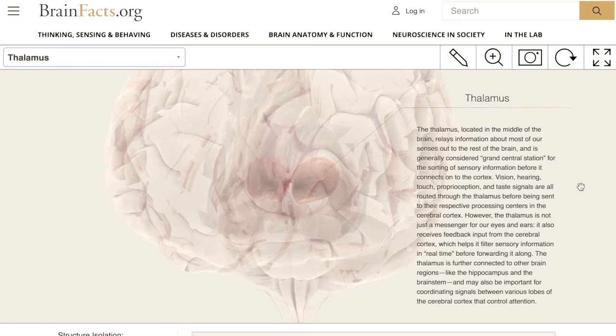The thalamus are two walnut-sized shapes on either side in the very center of the brain that appear in the middle to upper portion of the limbic system, and the limbic system wraps around it, which you'll see in a few minutes.